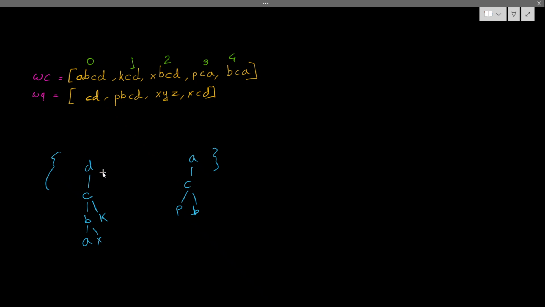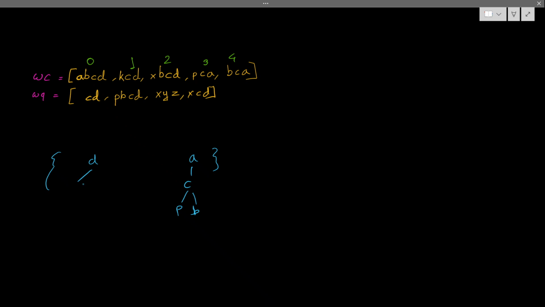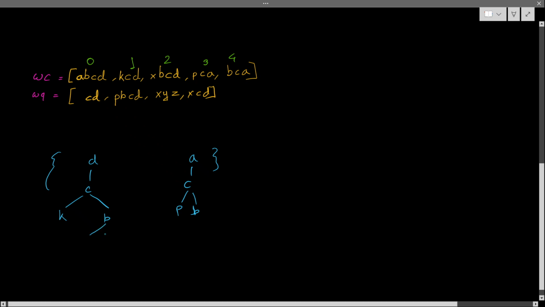If I rewrite this thing, DC, it's giving some space actually. So D, then it has two cases. C, it is only one. D, C, it has two cases. After C it could be K or it could be B. B has two cases, it could be A and it could be X as well. Now each thing will contain a value.